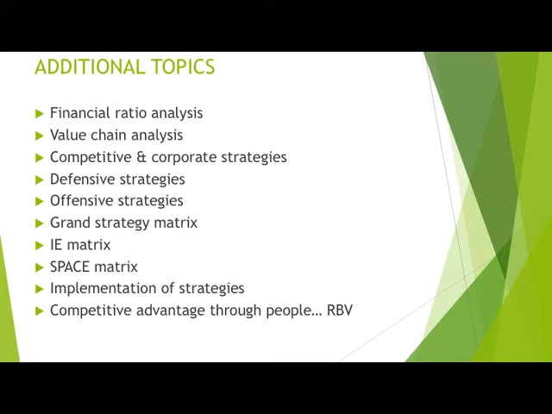The point I'm making, folks, is that even if you look at competitive strategies, they relate to value chain, and if you look at value chain, it relates to integration strategies and 5 forces. So you really can't get away with trying to spot topics; in that sense, you're setting yourself up for trouble.